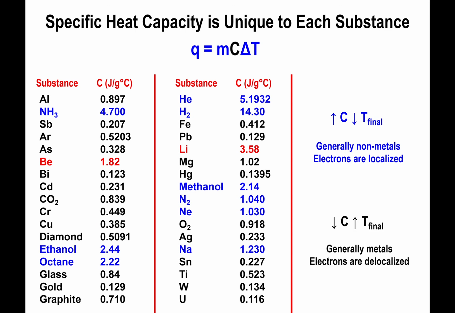On the other hand, the vast majority of the metals found on this list have values that are generally less than 1 for the heat capacity. And generally speaking, as I said, this will belong to metals. And the reason why is because metals have electrons that are actually fully delocalized within the surface of the metal.